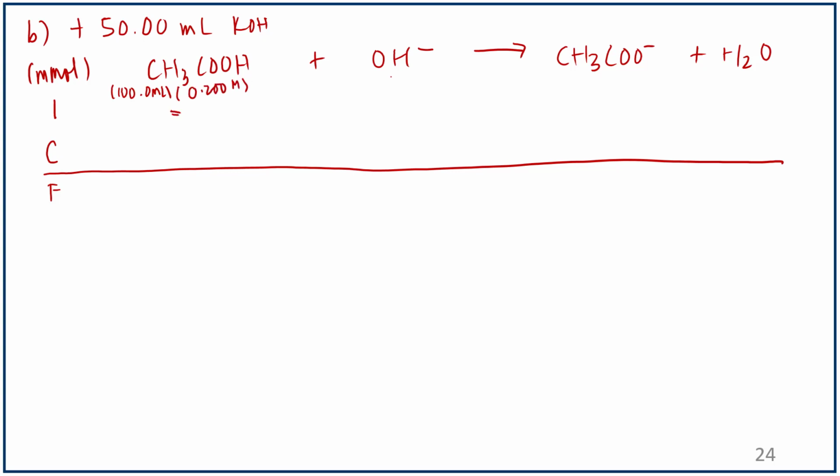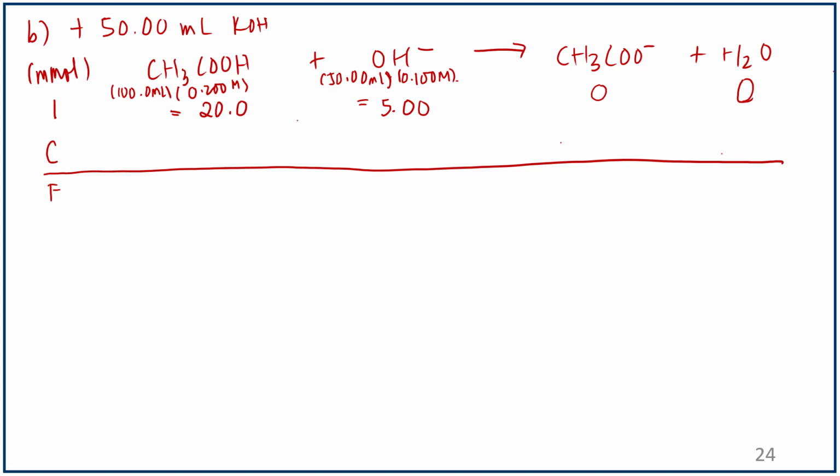So that should just give you 20.0 millimoles. For hydroxide, this is 50.00 ml times 0.100 molar. This is just going to be equal to 5.00. We do not start with any acetate ion, and let's just assume water is also equal to 0, but we're not going to put it in our calculations anyway.